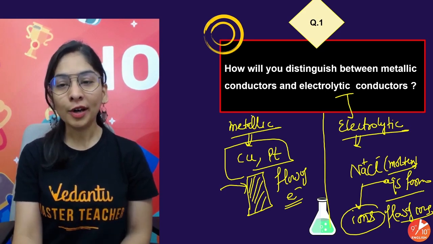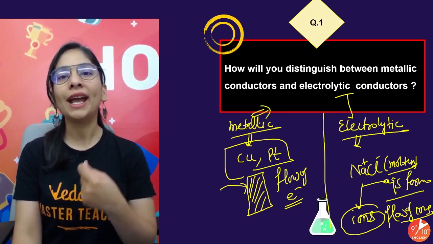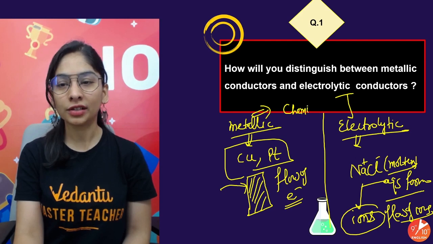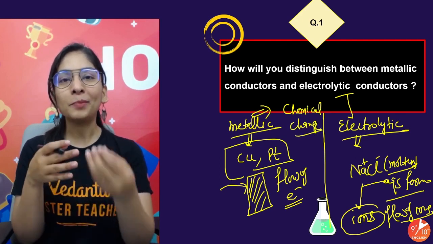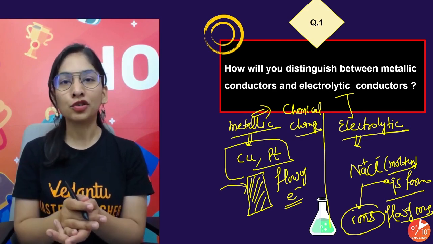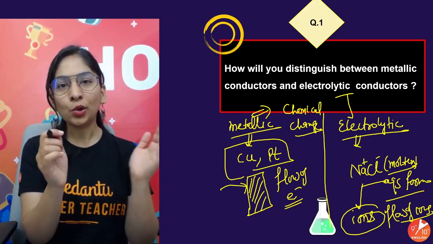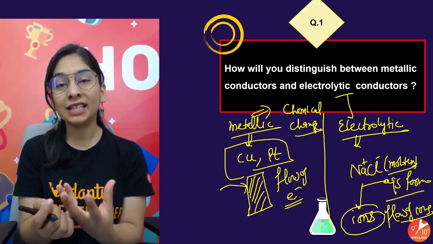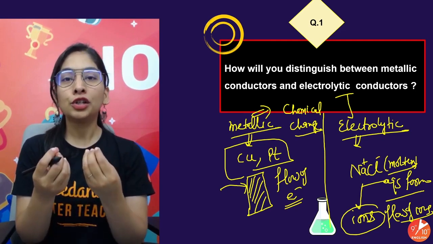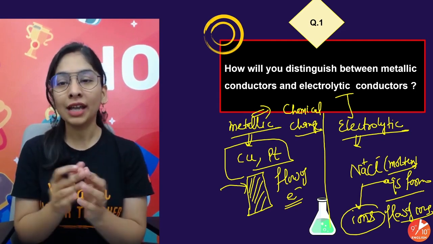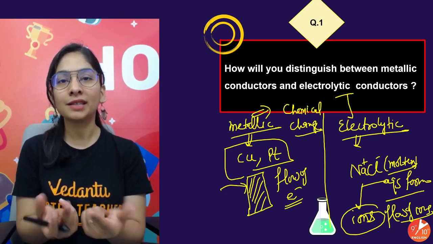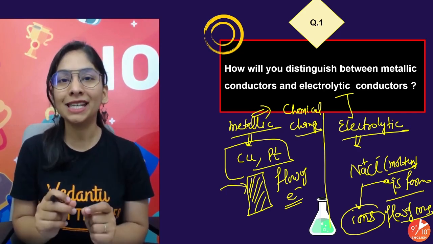Okay, when I talk about metallic conductors, they won't undergo any kind of chemical change. Because if I pass current through copper, platinum and so many other metals, the current will totally pass. It will just cause resistance due to the heating effect. But overall, that won't give you some new substance because electrical neutrality will be maintained.